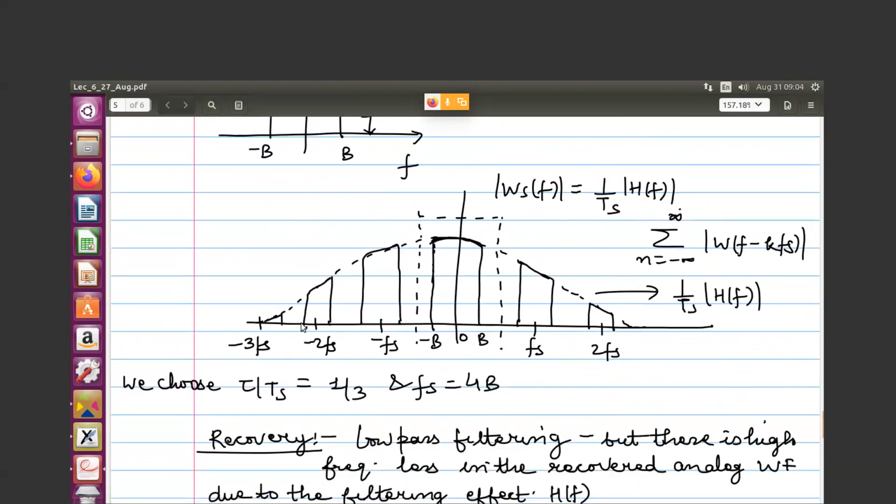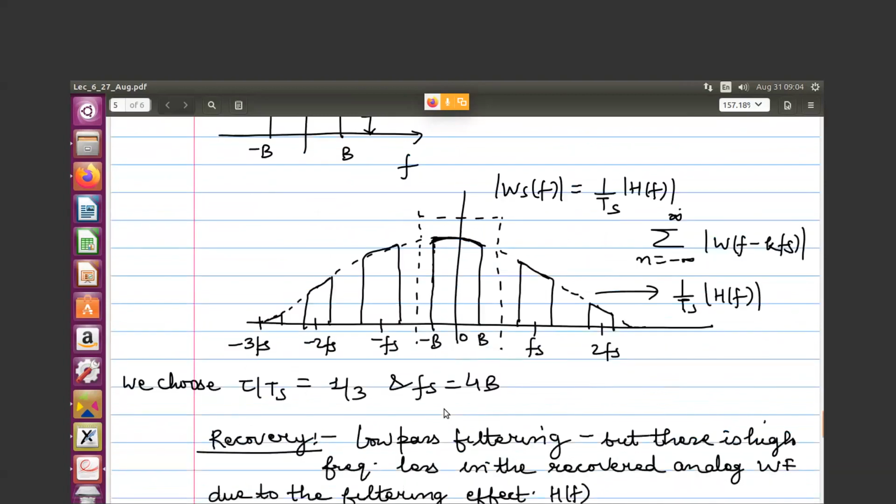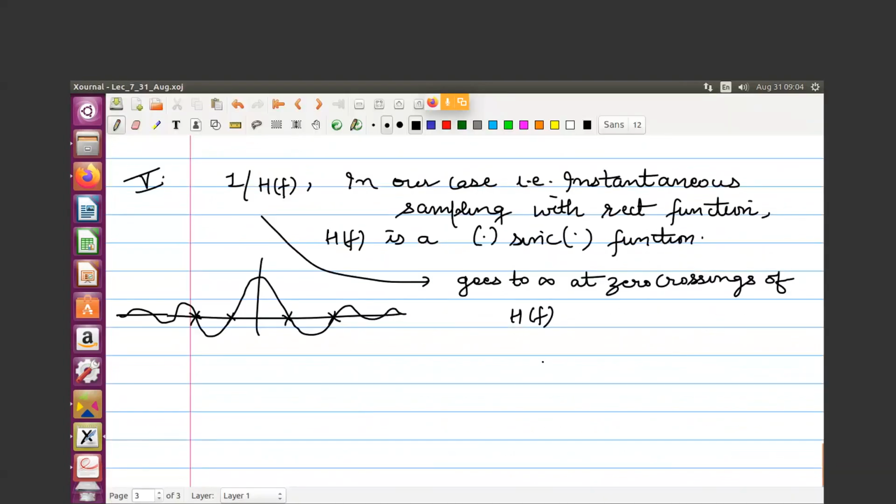You can clearly see that this is not the case. If our sampling rate is good enough, this whole sinc function has multiple copies of the analog waveform spectrum. So we will have 1 upon H(f) only for this region, which means we only take the values of the main lobe. We take the values of H(f) for this region and design a filter which has 1 upon H(f) as the response in this range.